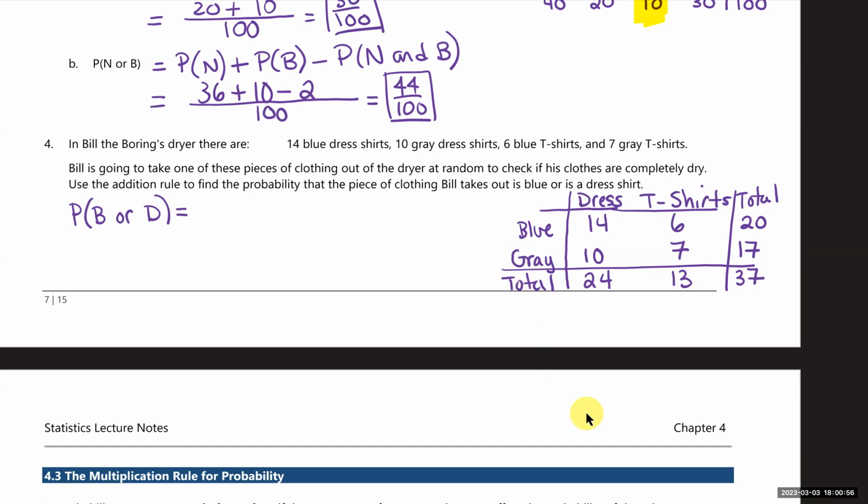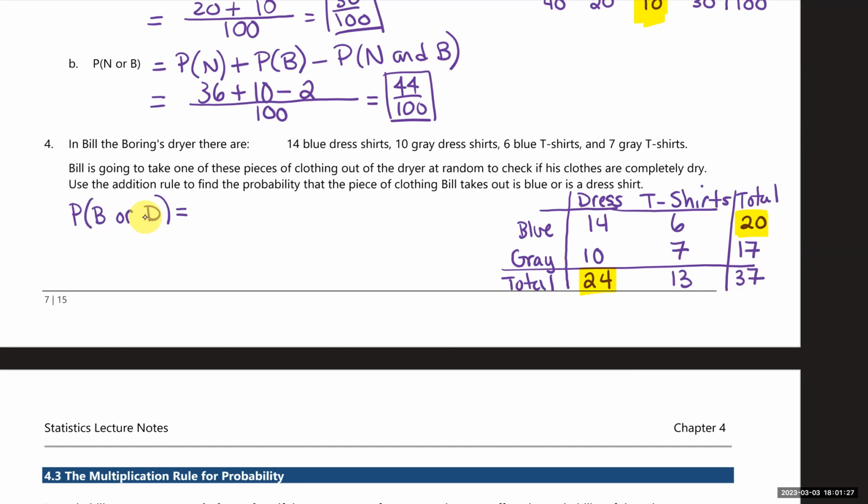All right. So I'm going to do or using that language I spoke about before. So I know that I'd be taking the total number of blue. And so I'm just going to highlight on my table here. I'd be taking all the blue plus all the dress shirts, and I would be subtracting any shirts that were part of both of those groups.